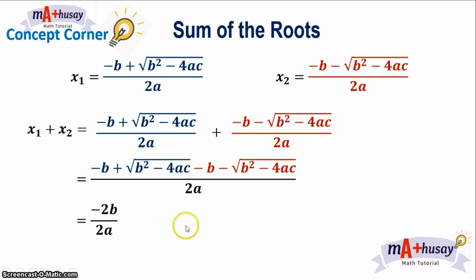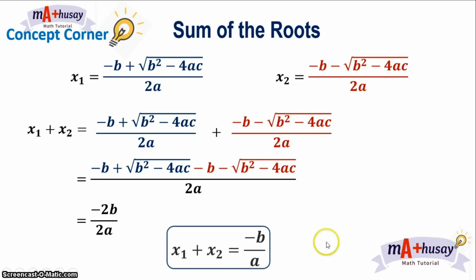Since we have a common factor which is 2, the sum of the roots x sub 1 and x sub 2 is equal to negative b all over a. So, we can find the sum of the roots without solving the quadratic equation by dividing negative b by the coefficient a.